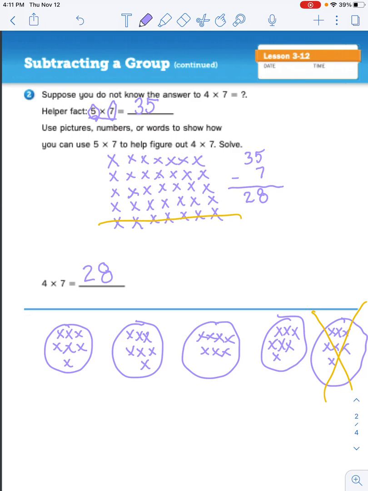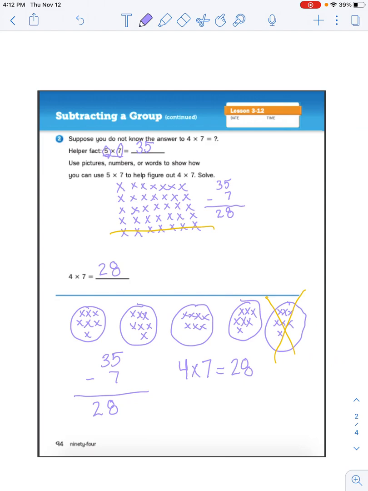You could go back and count all the x's up, or you could just think, I knew 5 times 7 is 35, I'll just subtract 7. And my new fact is 4 times 7 equals 28.